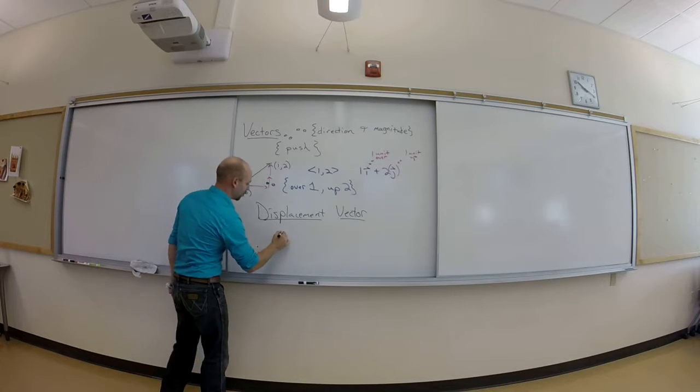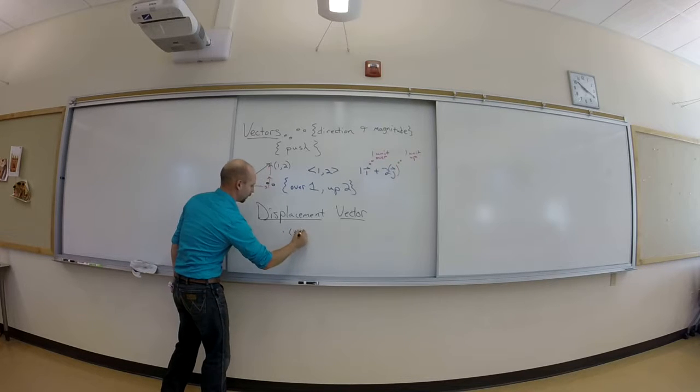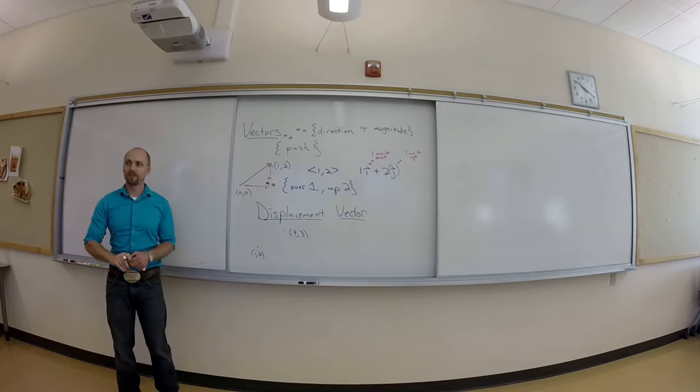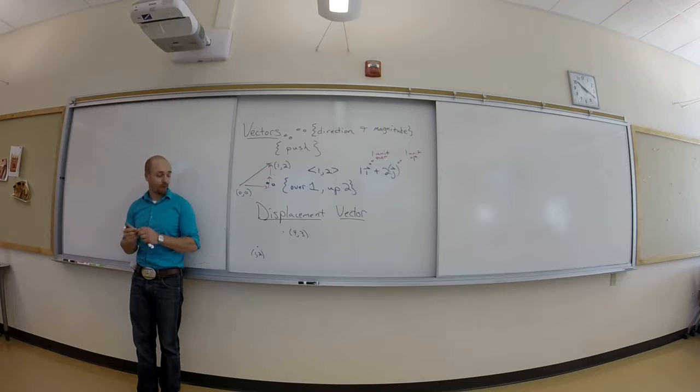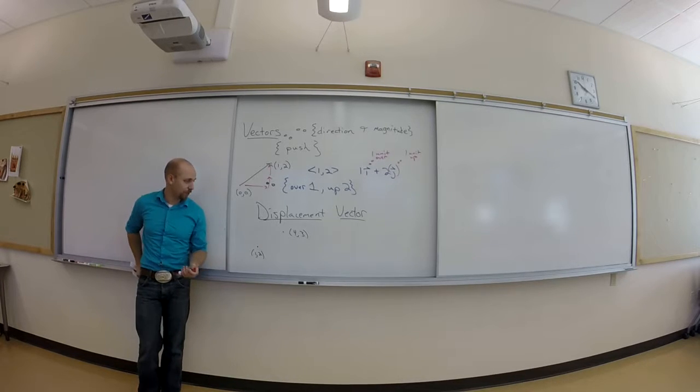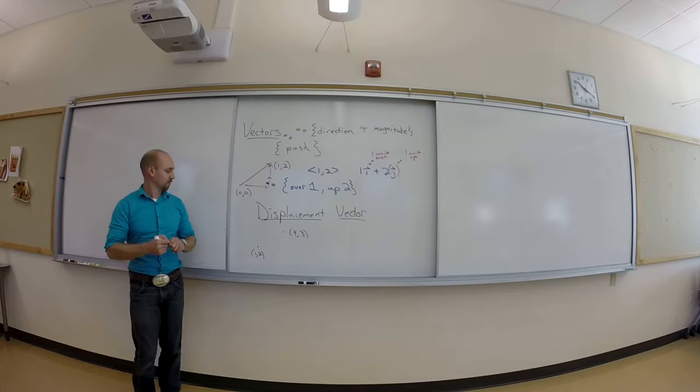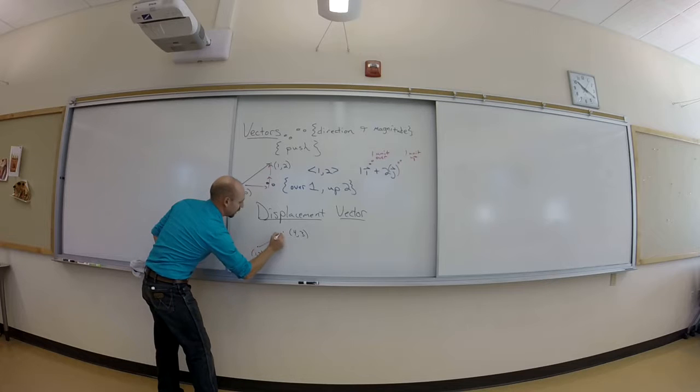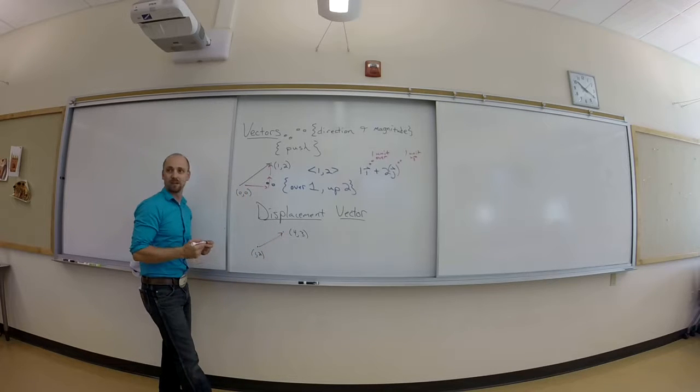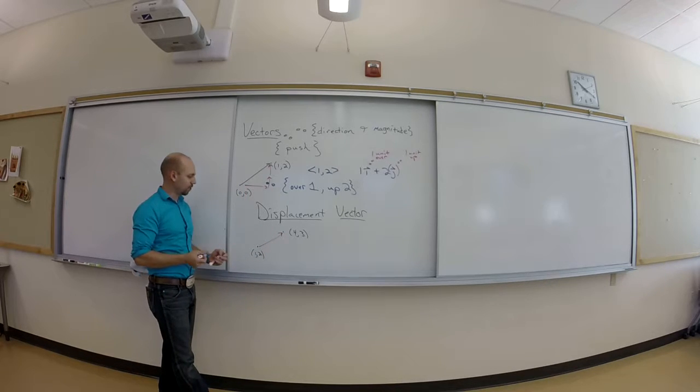Over here's another point, maybe 4, 3. What's the push that it takes to get from 1, 2 to 4, 3? 3, 1. Like here's the arrow, right? 3, 1.